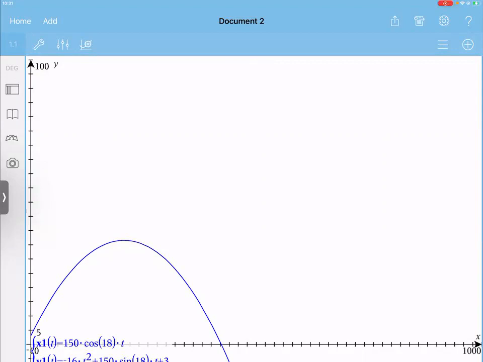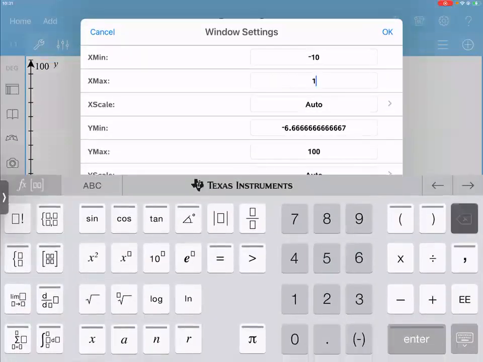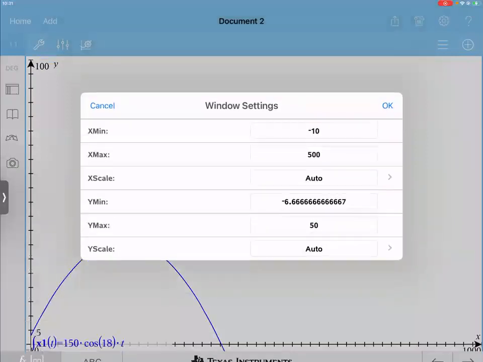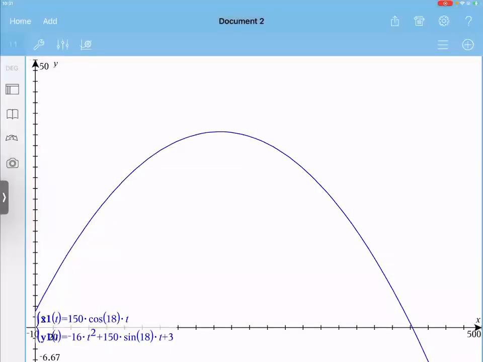Let's readjust the size so that it fits better. I would like to halve the y-axis value and the x-axis value. So I'm going to do the Window settings again. Instead of 1,000, I'm going to do 500. Instead of 100, I'm going to do 50. Now I'm pretty happy with my graph like this.